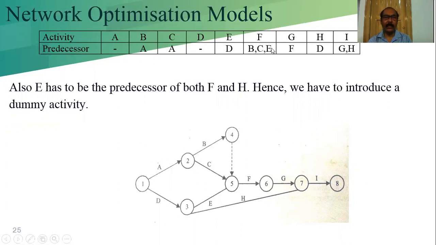If they enter into two different nodes, at that time we have to use the dummy activity. It is sure, because we cannot manage if B, C, E enter into two different nodes.